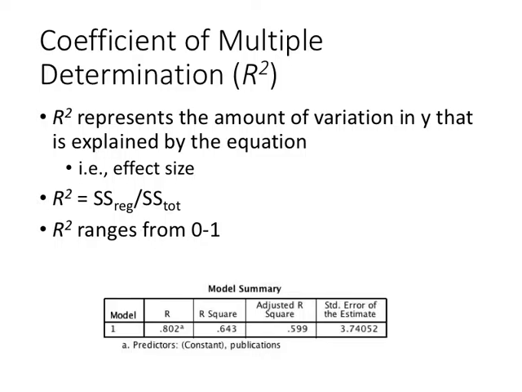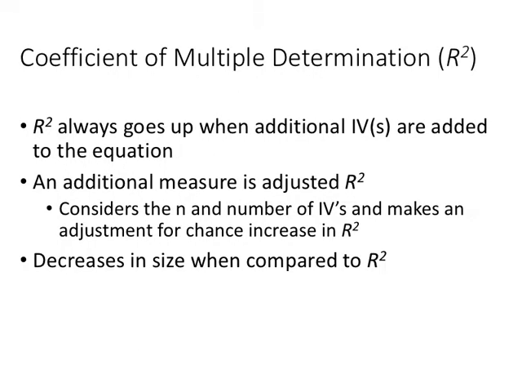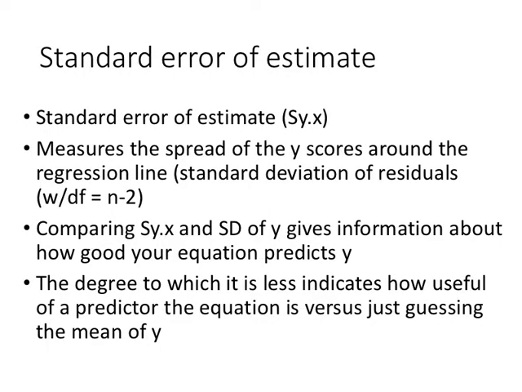It's the measure of the spread of y-scores around the regression line. That is, it's the standard deviation of the residuals with degrees of freedom equal to n-2 instead of our typical n-1.